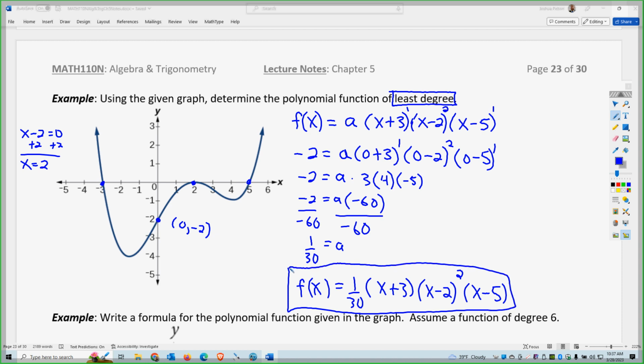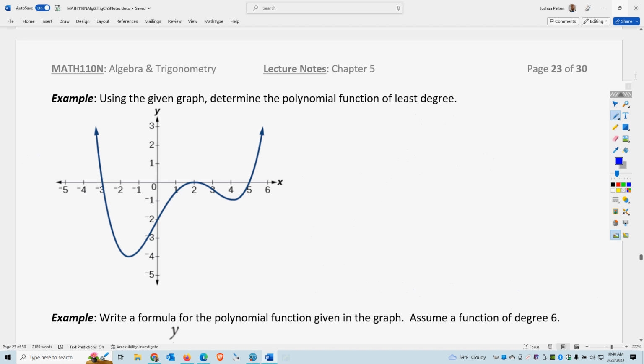Because if I multiply that all out, I would get 1/30th x to the sixth power plus a bunch of other terms, right? And since it's a positive 1/30th, it goes up, and x to the sixth power is the same direction. Okay, so typically they would give us what the power is, and we can decide based on that, and give a more accurate function.